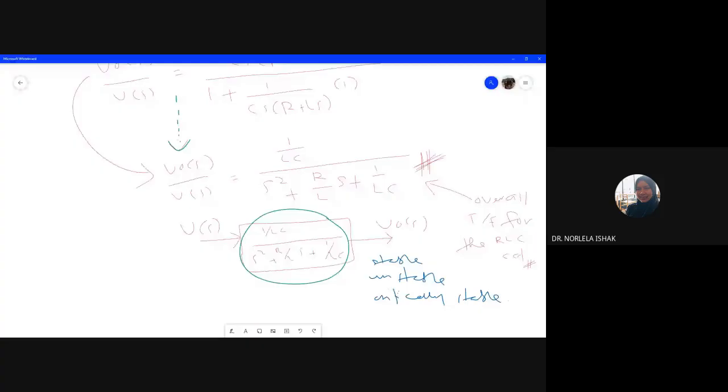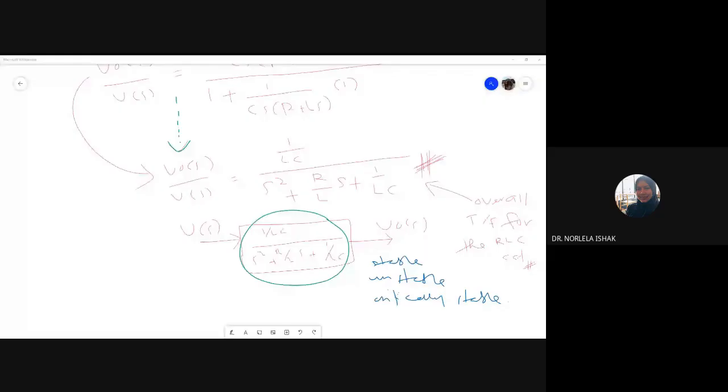Macam mana kita nak define stability? Based on pole and zero. Ingat ke? Syah ingat tak, how to define the stability from the transfer function? Dia ingat tak? Tak apa nak ingat. Tengah mengingatkan diri. Tak apa nak ingat. Aisyah ingat tak?